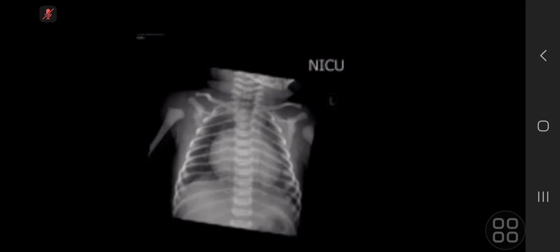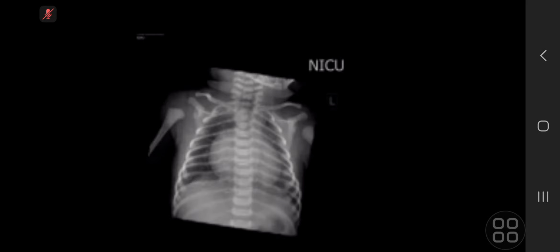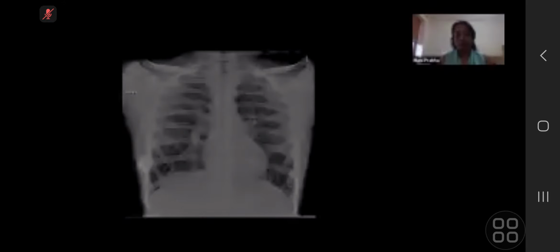It looks like all the chambers, but predominantly on the right side. But in someone with cyanosis and pulmonary plethora, I wouldn't include pulmonary atresia in this category. So I'd concentrate more on transposition or total anomalous pulmonary venous return. Okay. Yeah, we'll discuss it.